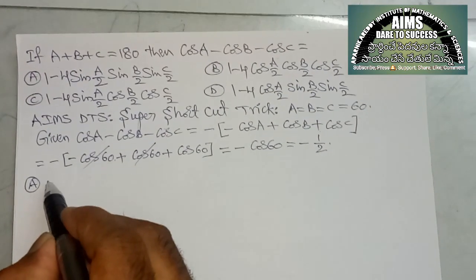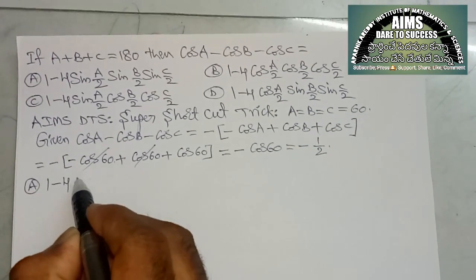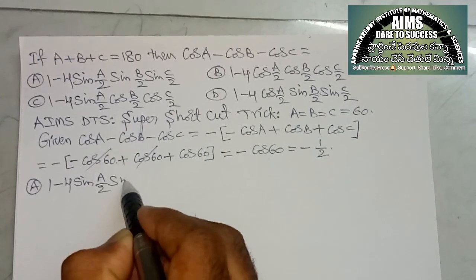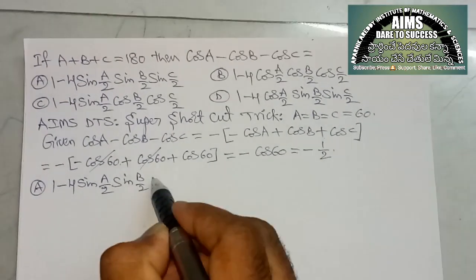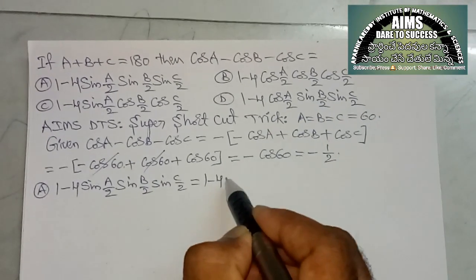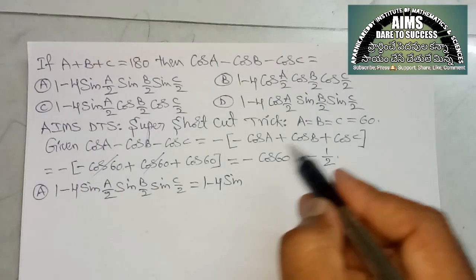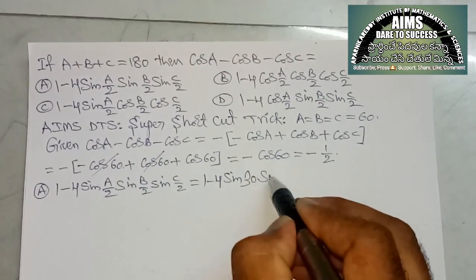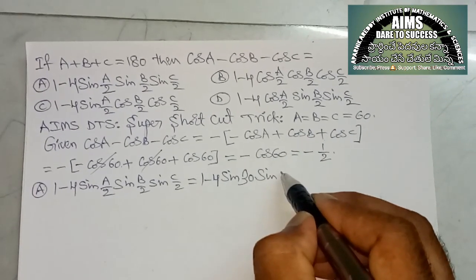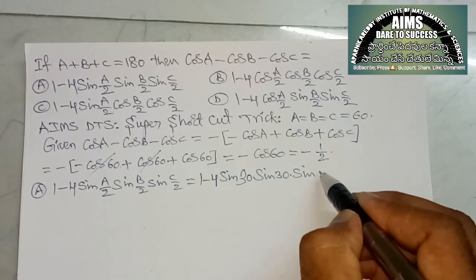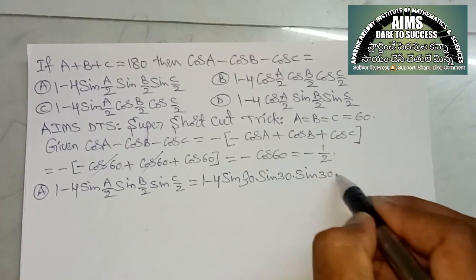Option A value is 1 minus 4 sin A by 2 sin B by 2 sin C by 2. That equals 1 minus 4 into sin of A by 2, 60 by 2 is 30, into sin of B by 2, 60 by 2 is 30, into sin of C by 2, 60 by 2 is 30.